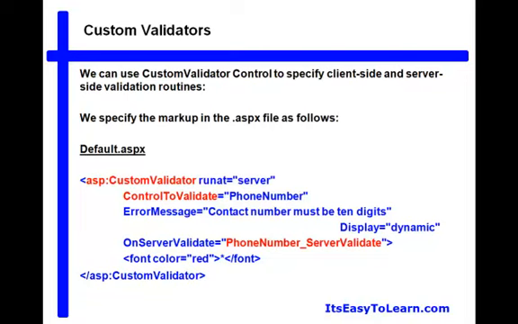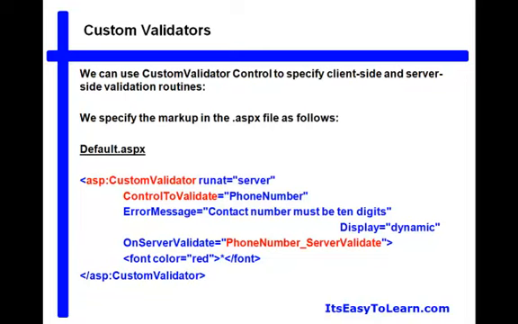A custom validator again has a control to validate, which is the phone number, and has an error message. But the important attribute here is on server validate, which is the name of the event handler that will be invoked to do the validation.